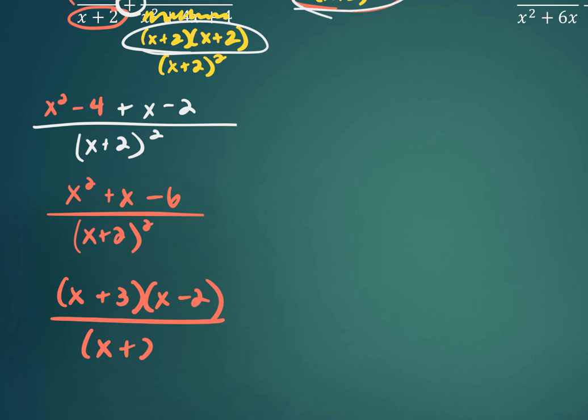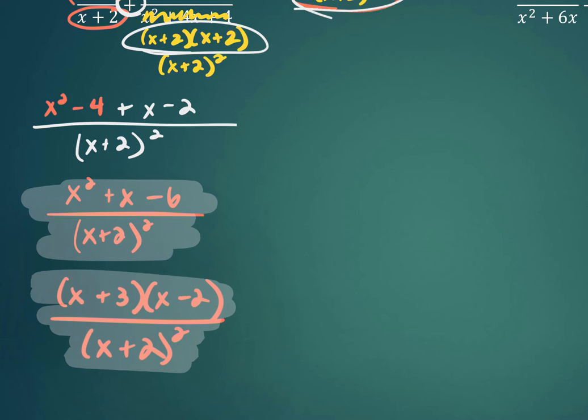Does any of that cancel? No, I can't cancel a negative 2 with a plus 2. That's my answer. The answer above it wouldn't be right. If it is a multiple choice question, the answer above it might be there because it's not factorable, because it's not simplifiable. So you just have to know, if it was open-ended, I'd take either of them. If it's multiple choice, you're looking for one or the other.